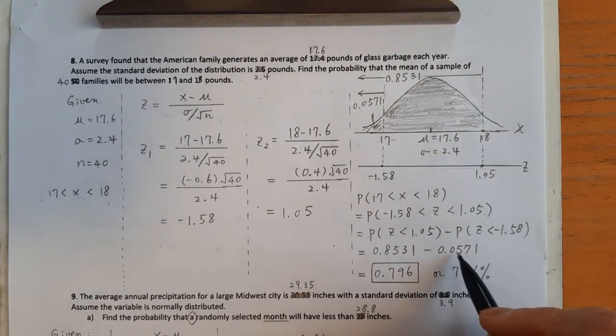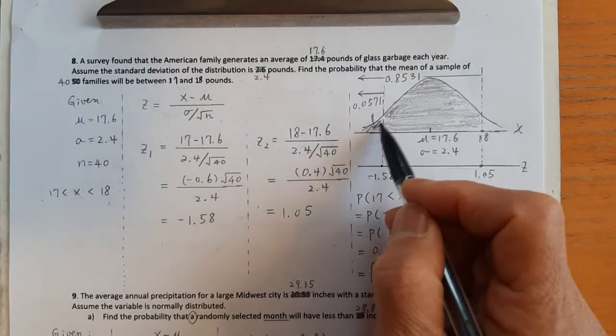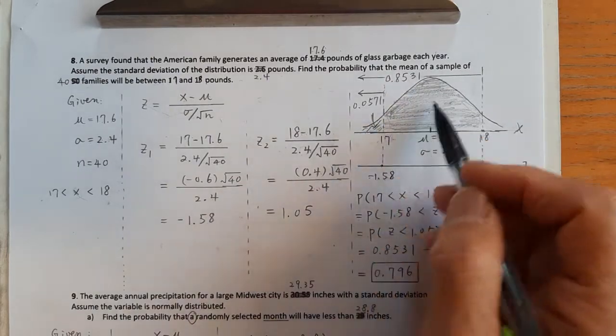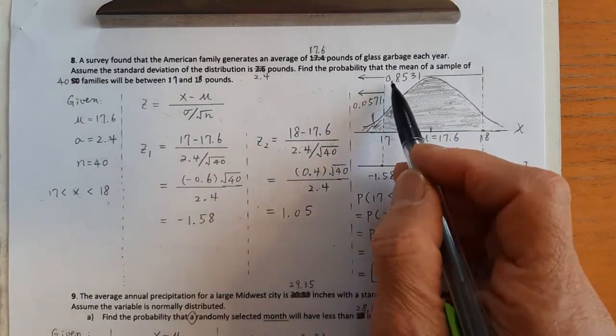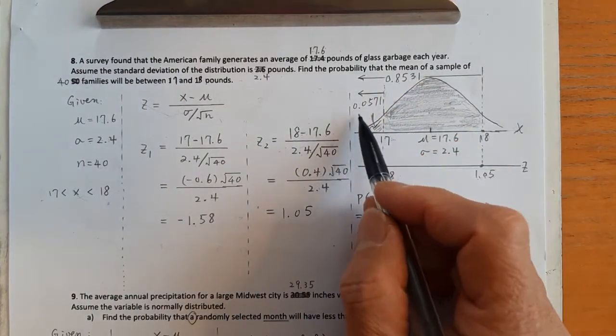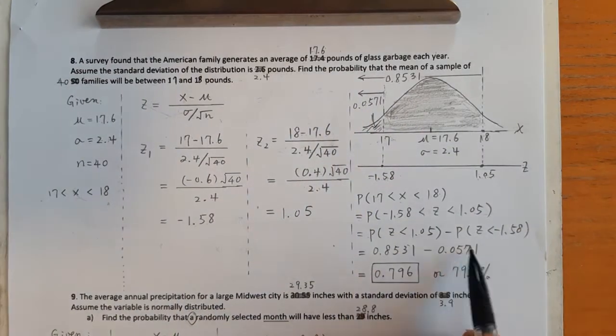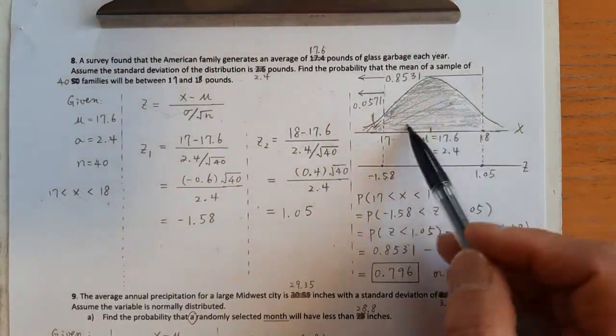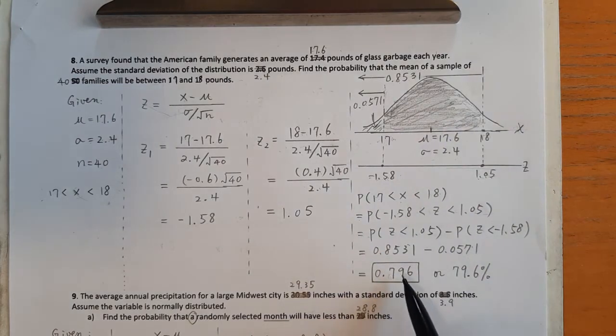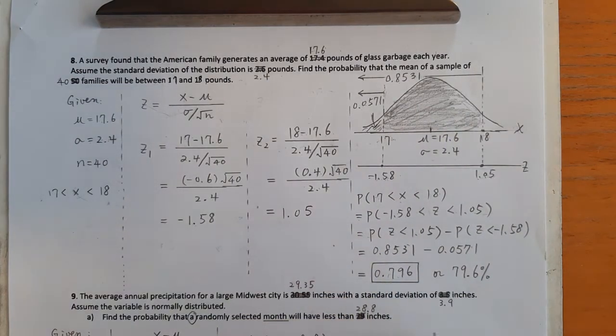So 0.0571 is this area. This entire area is 0.8531 minus 0.0571. The subtraction gives the area between, 0.7960.